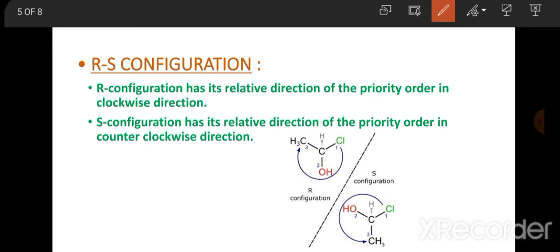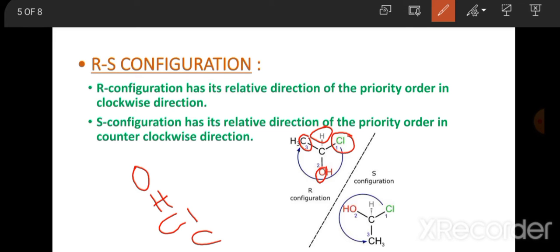Here we see hydrogen, chlorine, carbon and oxygen, four different atoms present: chlorine, hydrogen, oxygen and carbon. We have to know the atomic number.